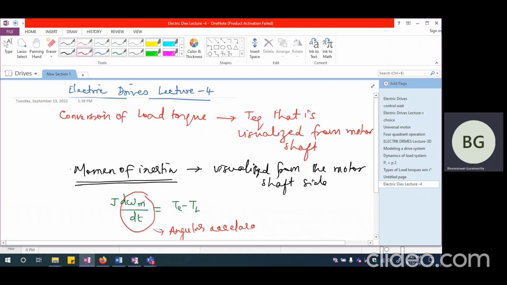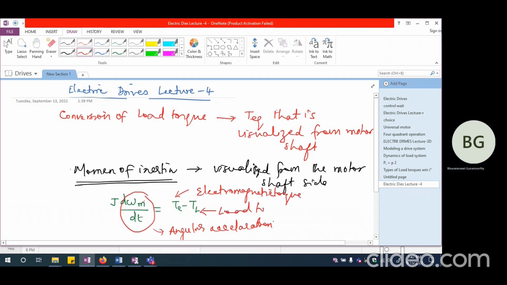TE is the electromagnetic torque, TL is the load torque, and J is the moment of inertia of the drive system, drive and load system put together, in fact.